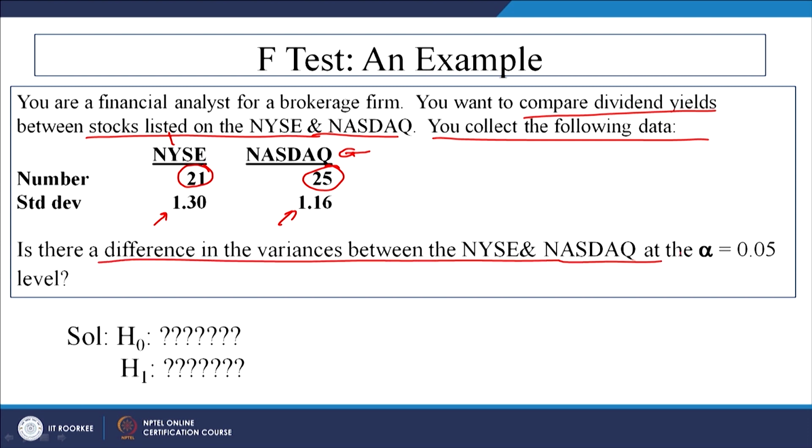Though we have been given standard deviations, we can easily convert a standard deviation into a variance, right. So, we just want to know whether the variances of these two samples are the same. So, you need to frame the null and alternative hypotheses, right.